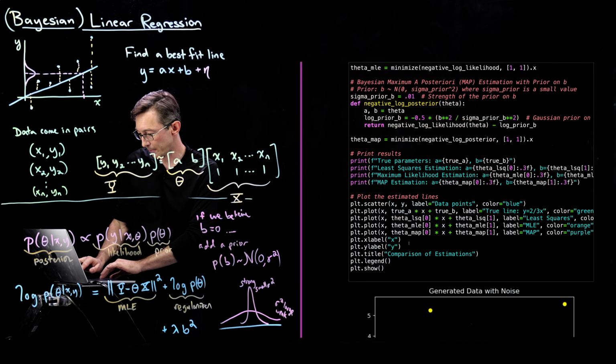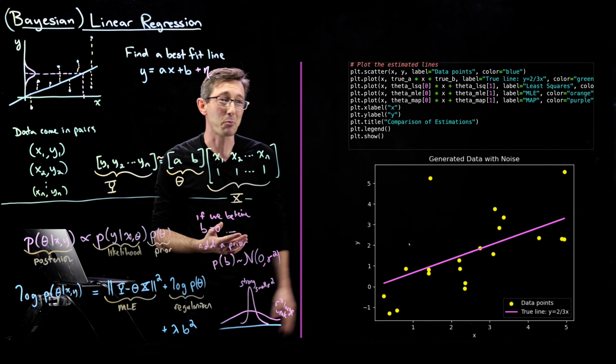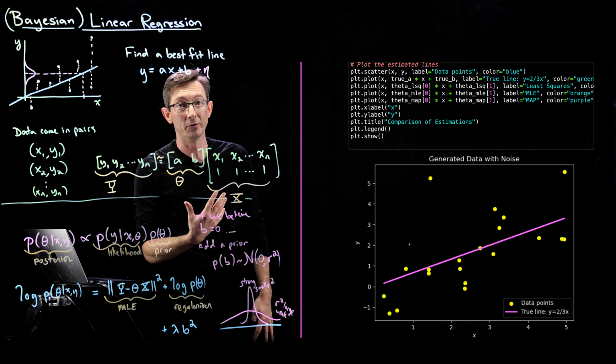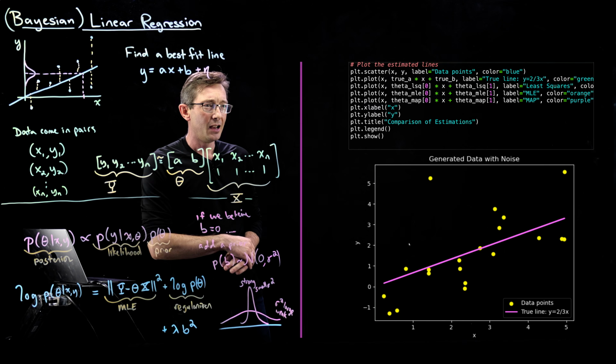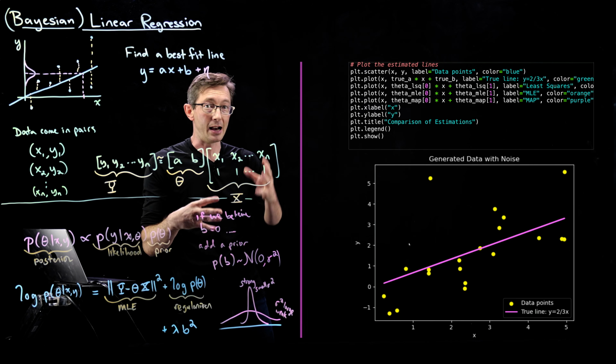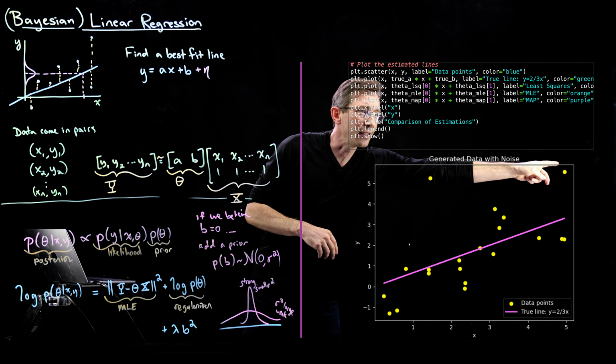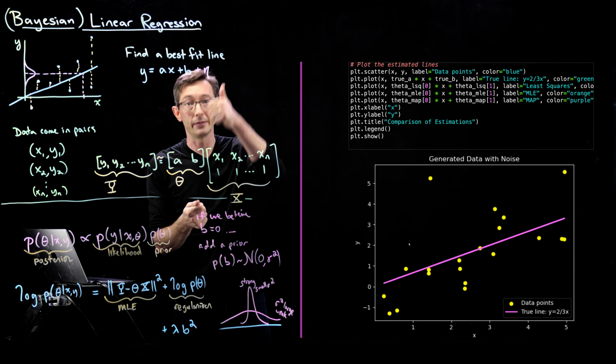Let's run this code. Okay, so this is the actual data, and you can see it's pretty messy. It's not a beautiful, clean data set. The true line is in the middle, but there's a lot of spread, a lot of noise. And you can see that my last data point is pretty far out there.